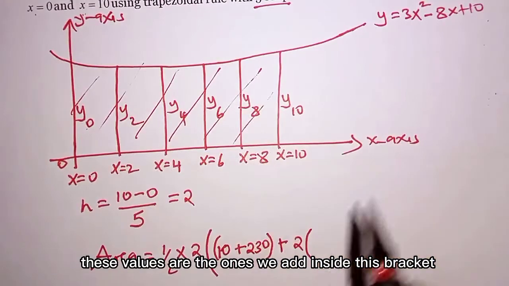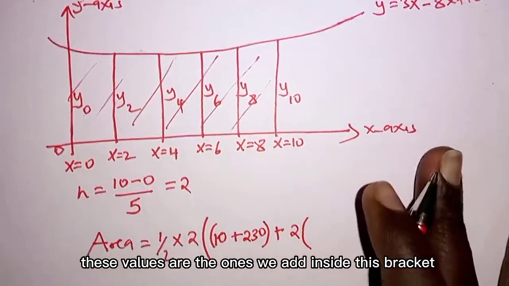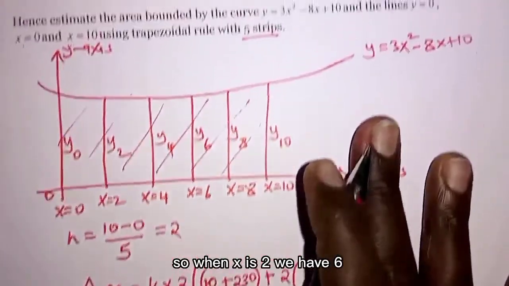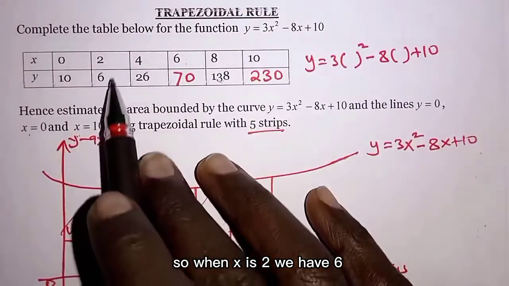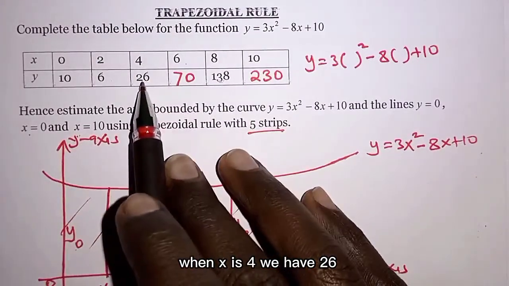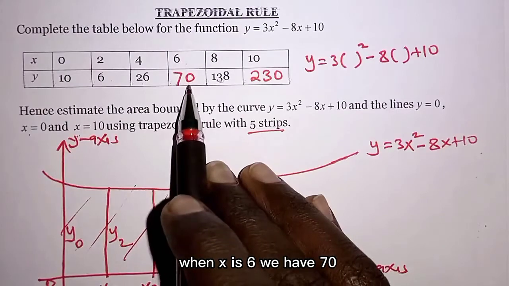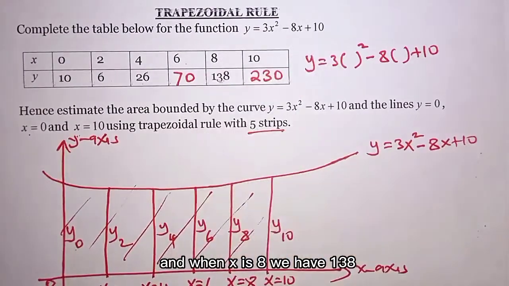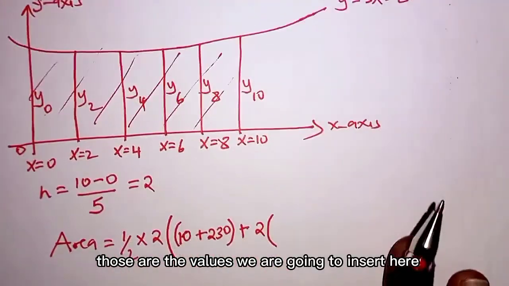These values are the ones we add inside this bracket. When x is 2, we have 6. When x is 4, we have 26. When x is 6, we have 70. And when x is 8, we have 138. Those are the values we are going to insert here.